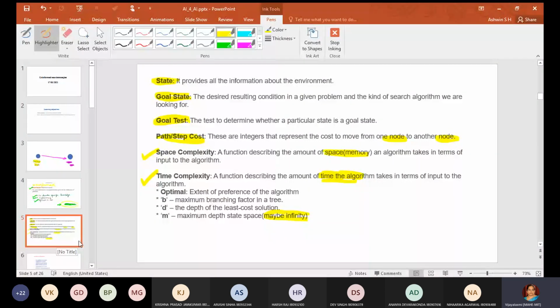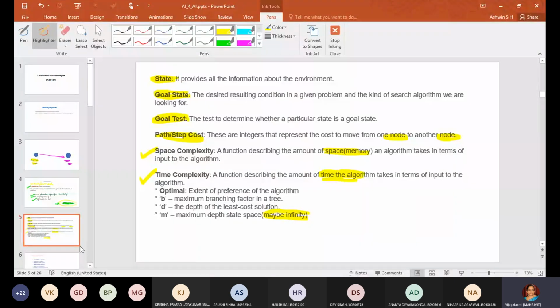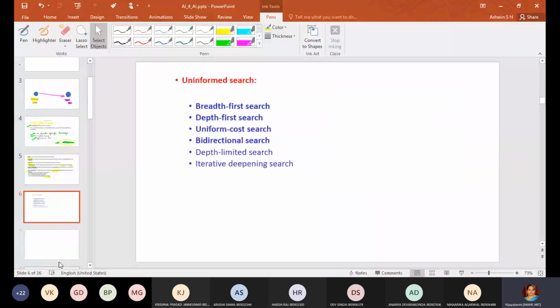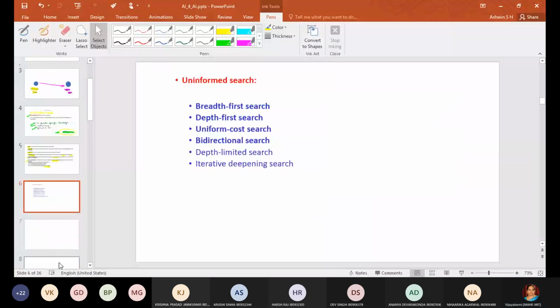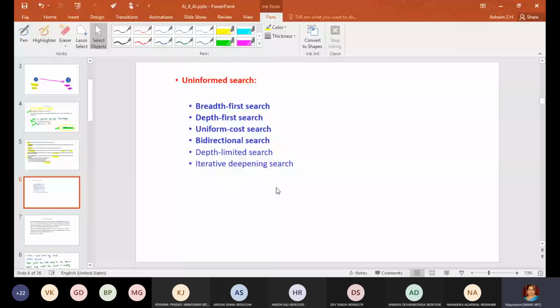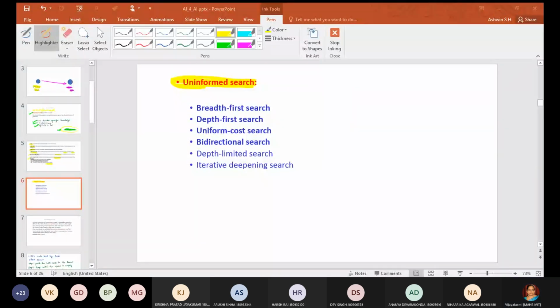Let me go to the next slide, where I will be discussing different uninformed search strategies. Okay, I have come to the next slide. I hope all of you are able to see the uninformed search, the different approaches. Just see what are the different approaches we have.